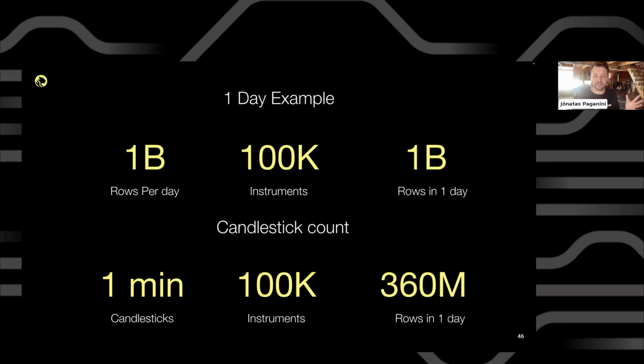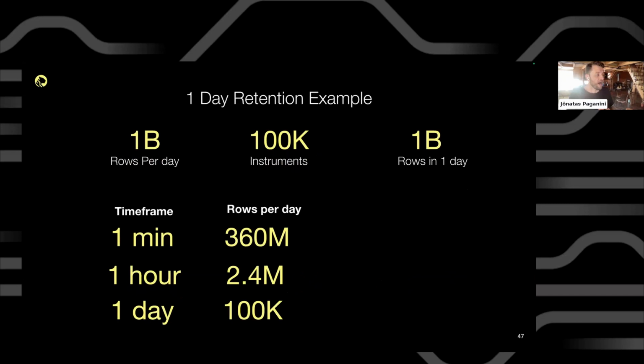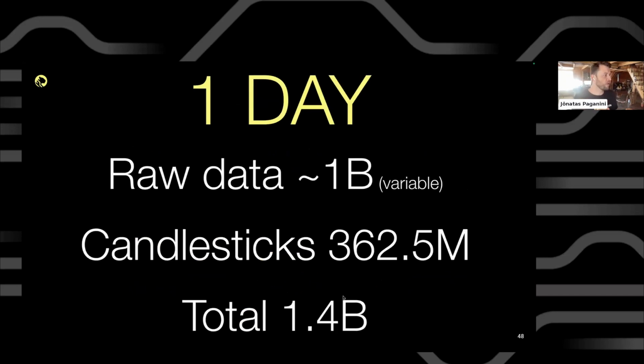So what it means is that I have 1.4 billion rows per day: 1 billion rows of raw data plus 360 million rows of candlesticks. I can consider this 362 million rows per day a static growth, right? And that's my growth. That's how I define my minimal frame.